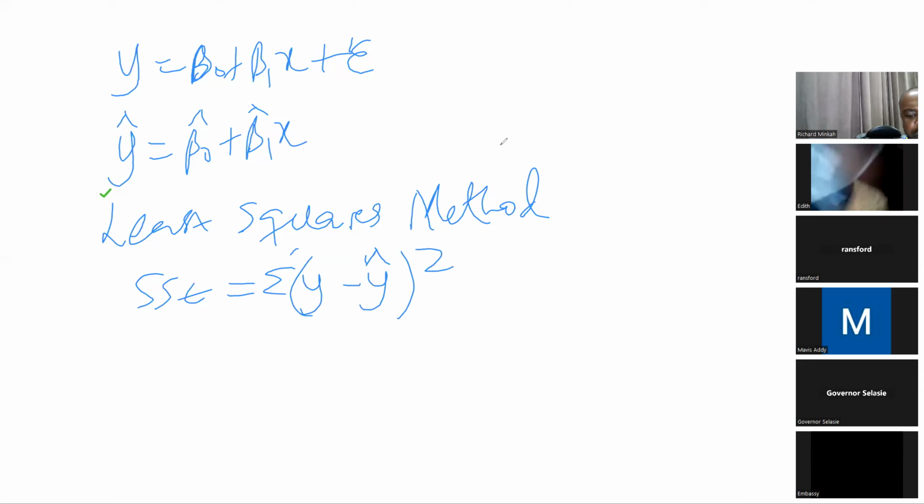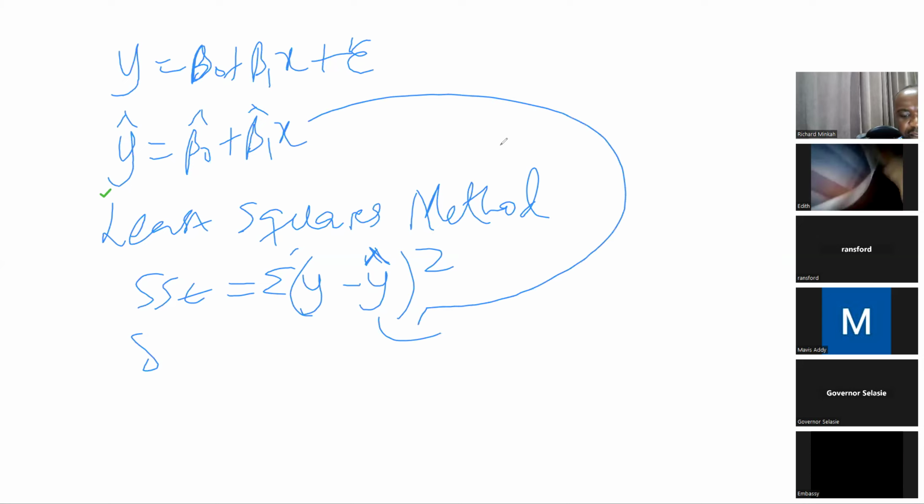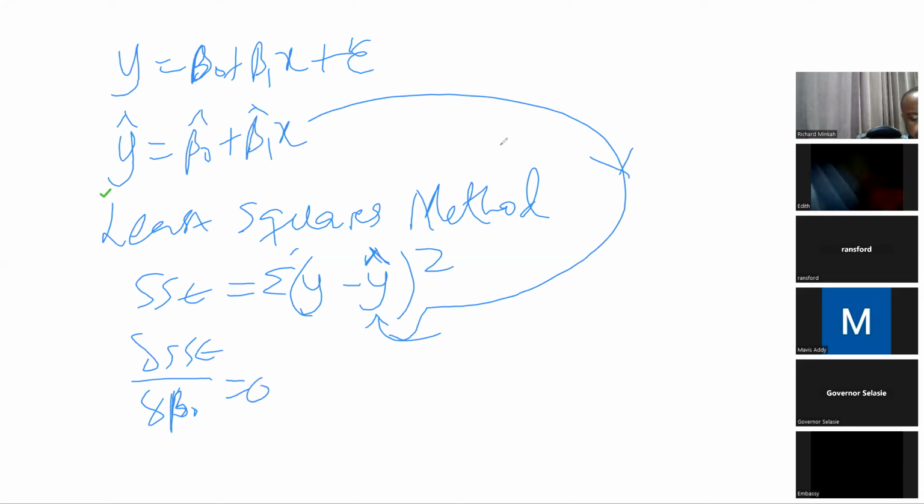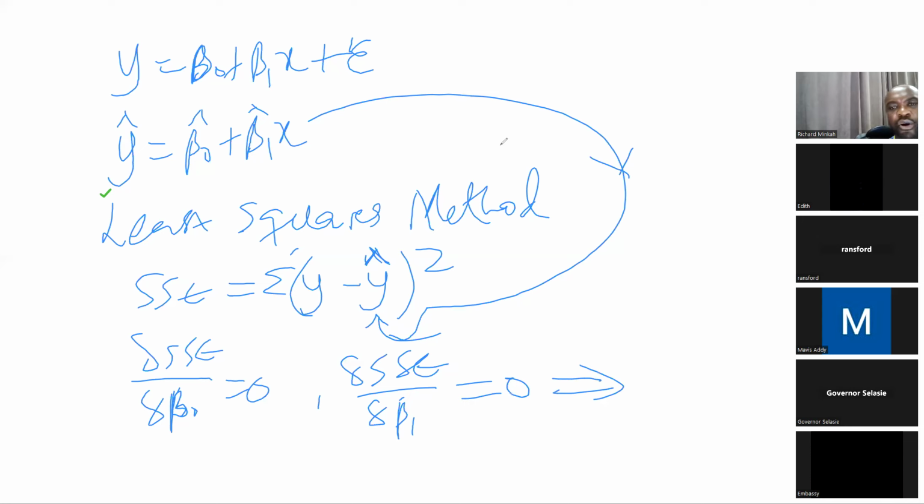And I said that we square this such that we do not get 0. Okay. So if we do this, we can substitute this in. If we do so, then we can now differentiate SSE with respect to beta naught, we set it to 0. We differentiate SSE with respect to beta 1, we set it to 0. We get our normal equations.